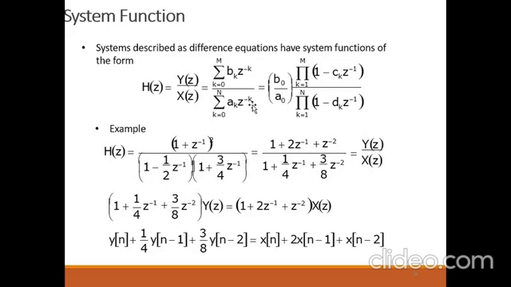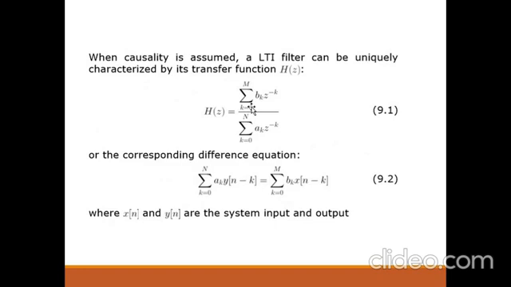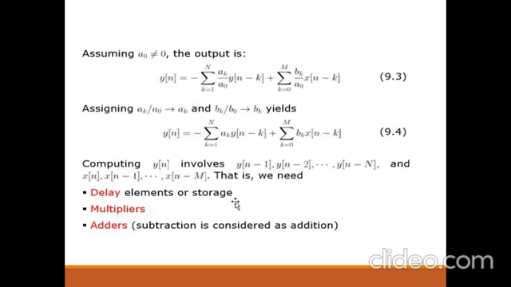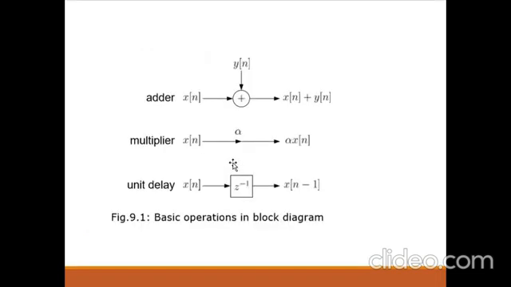This is the general system function of the equation, and we can see the corresponding equations of the system. Now let us assume we want to draw the impulse system into a block diagram, which we can do by using three different elements: adder, multiplier and unit delay.